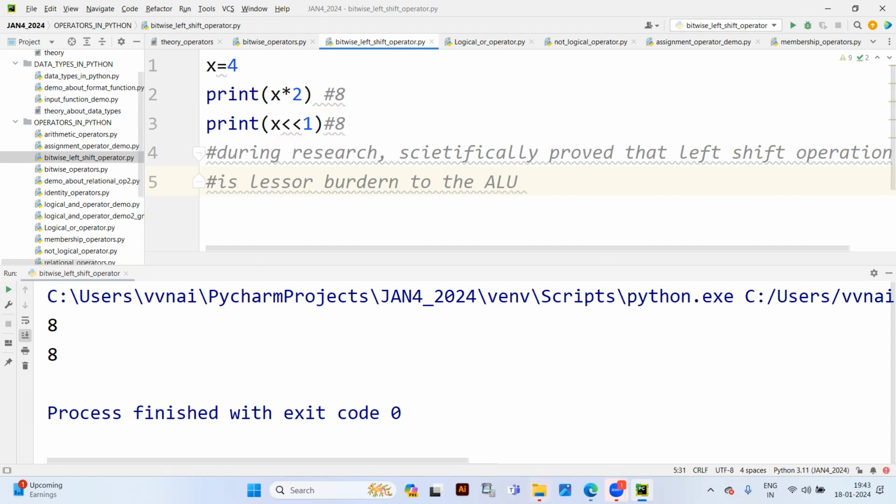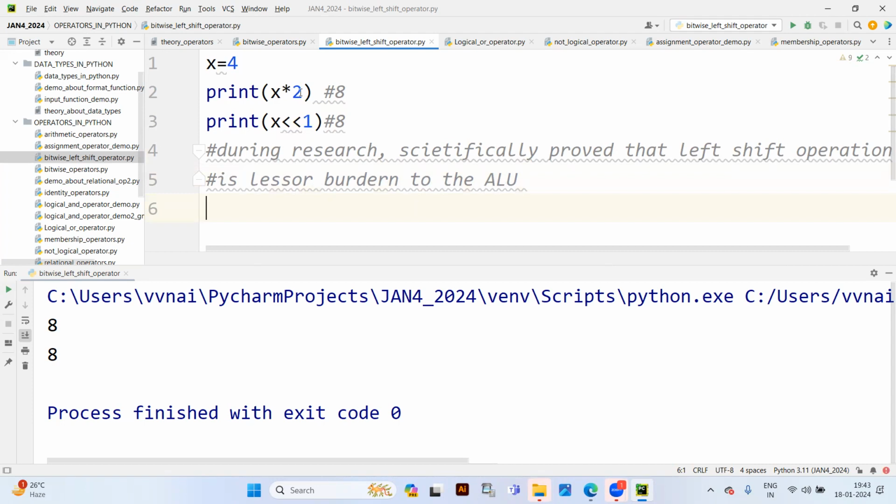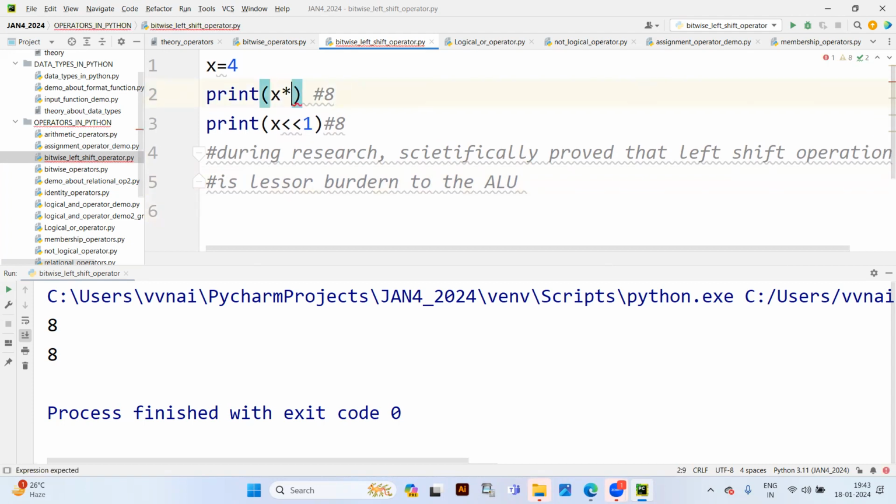So wherever there is a multiplication application, why don't you use left shift? Let's suppose now I multiply x into 4, it is going to become 16, and left shift twice is also going to become 16 as an output. You see, 16.